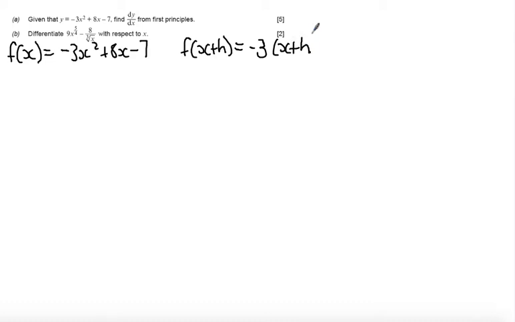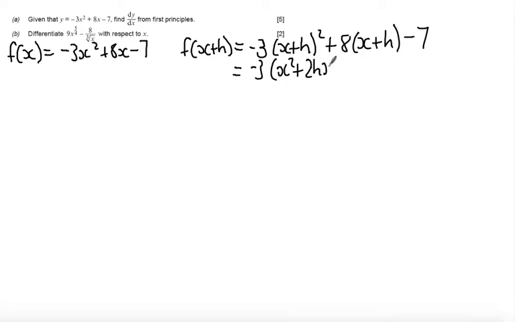So minus 3 times x plus h squared plus 8 times x plus h minus 7. Expanding these brackets, I get minus 3 lots of x squared plus 2hx plus h squared, plus 8x plus 8h minus 7.